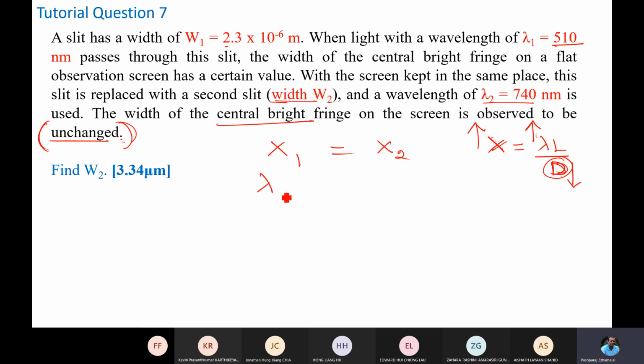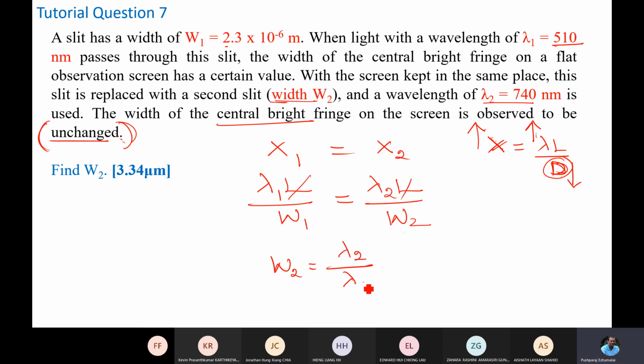So what is the formula? Lambda 1, same distance L, over W1, the width of the first slit, is equal to lambda 2 L divided by W2. So L gets cancelled. So what is W2? W2 equals lambda 2 divided by lambda 1 into W1.